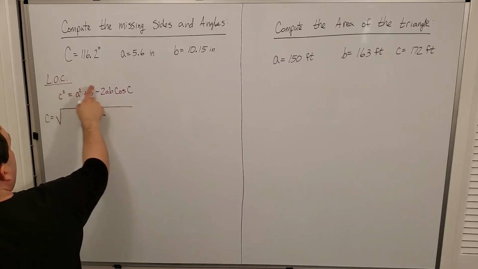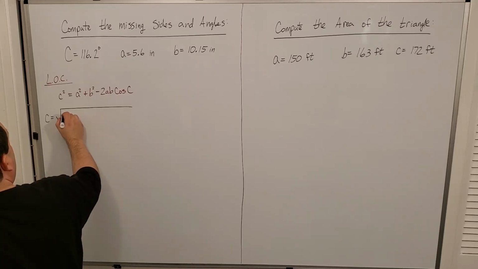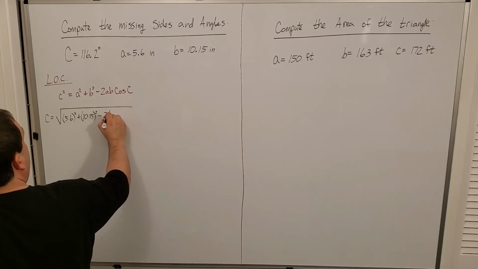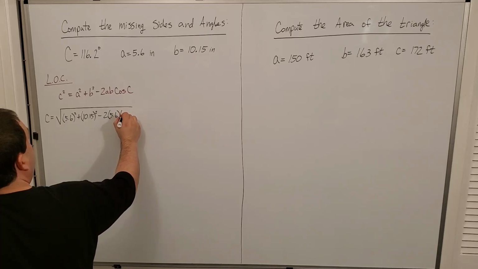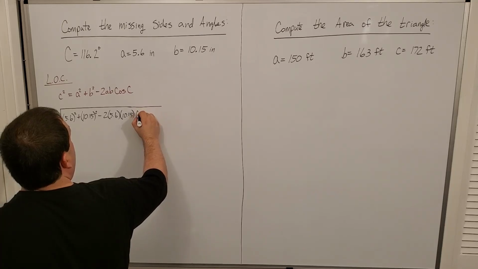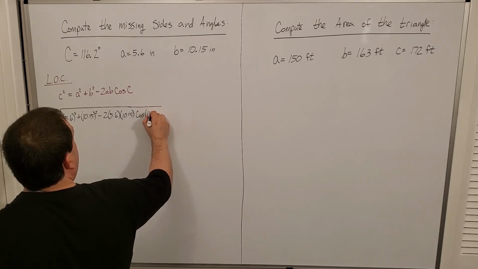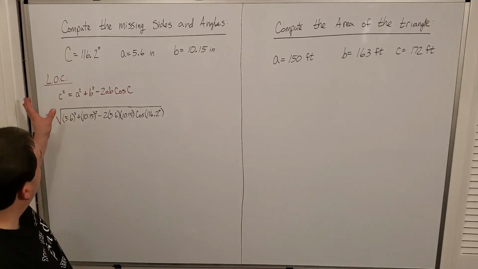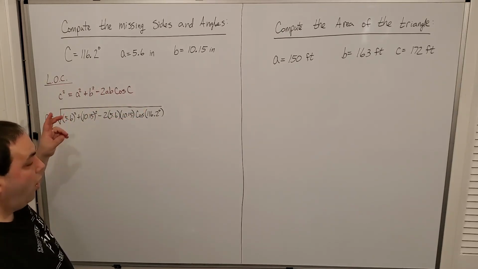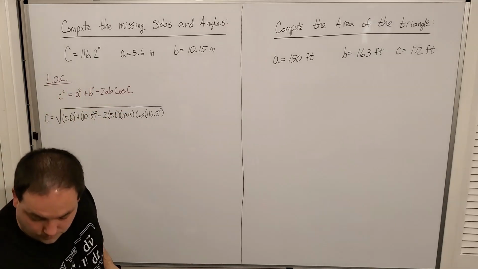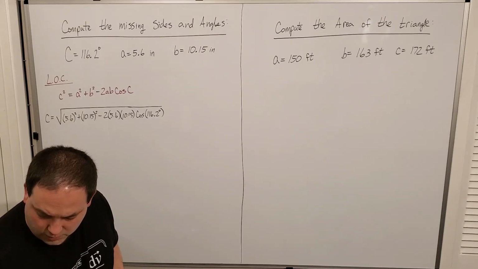I just square rooted both sides. I'm going to do 5.6 squared plus 10.15 squared minus 2 times 5.6 times 10.15 times the cosine of 116.2 degrees. Okay, so everything is pretty much already on one side. The only solving that we did here was to move the square root into place. Okay, so this one is ready to go.